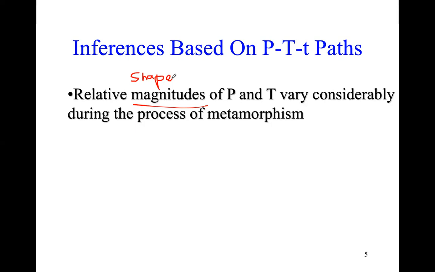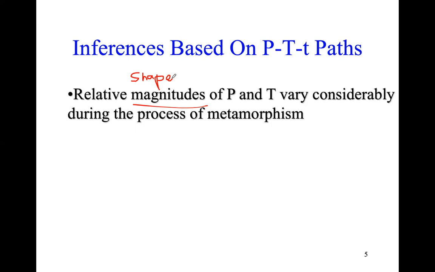So this type of inference is to find out at what level, that means at what pressure situation, right? Pressure always directly corresponds to the depth, crustal depth. So that's a simple phenomenon, that you can directly relate pressure to crustal depth.